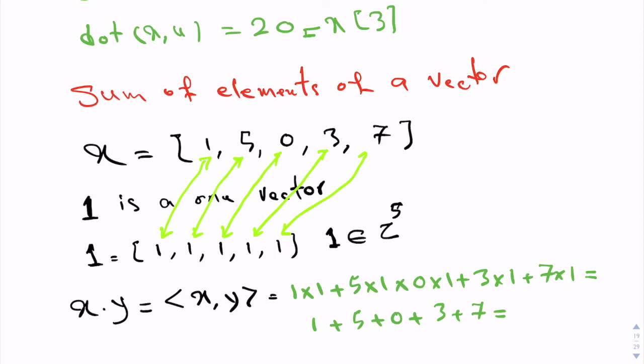So that's the sum of the elements of this vector. Using the dot product, you can do that. If you want to sum the elements of a vector, you use the dot product of the ones vector and that vector.